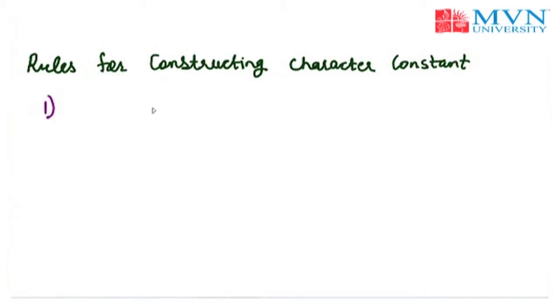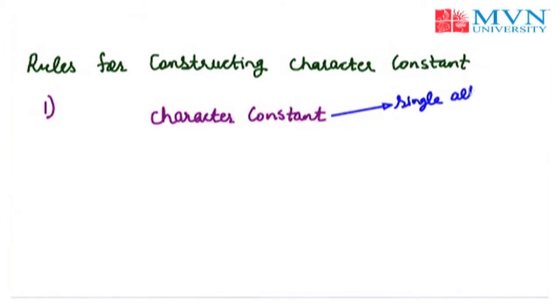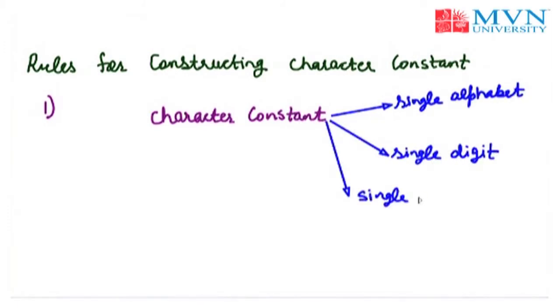First rule is that a character constant is a single alphabet, a single digit, or a single special symbol enclosed within a single inverted commas. Example of single alphabet is capital 'A' enclosed within inverted commas.